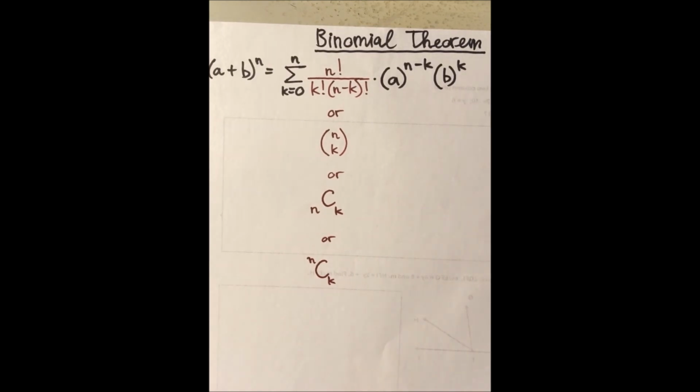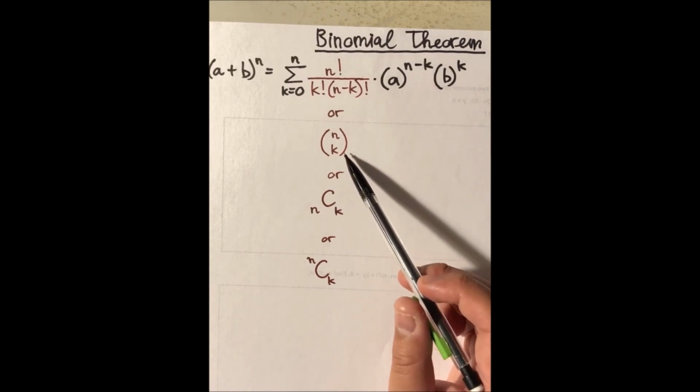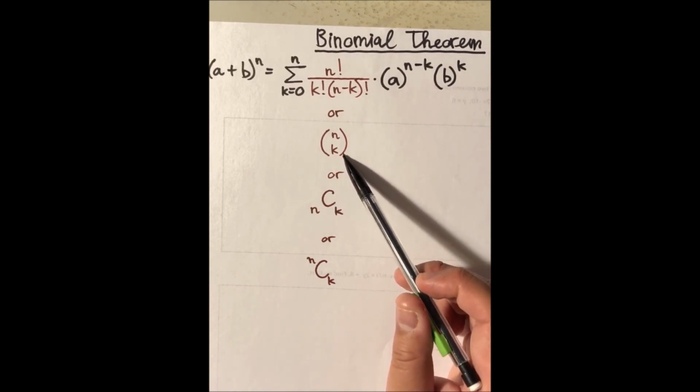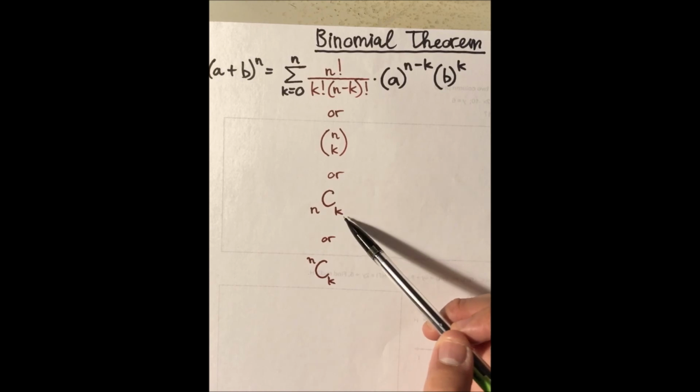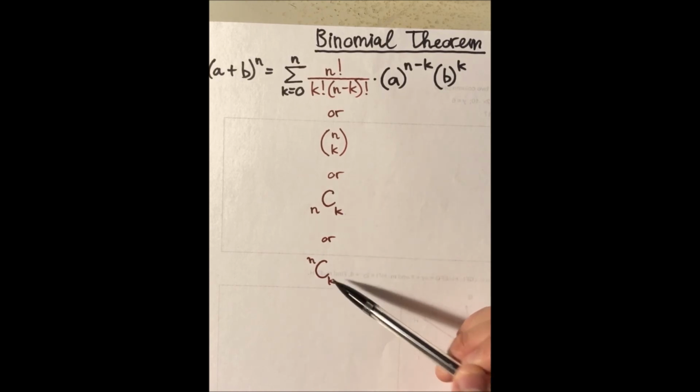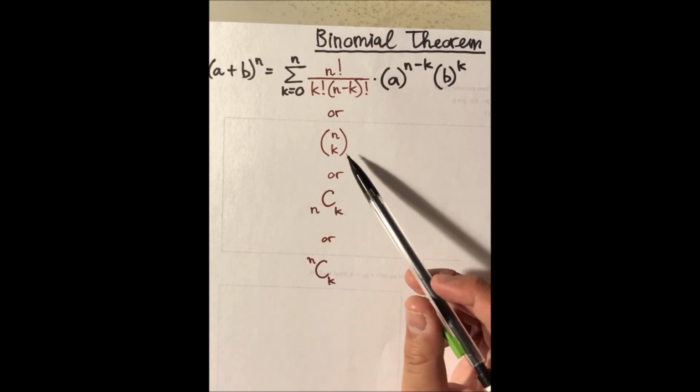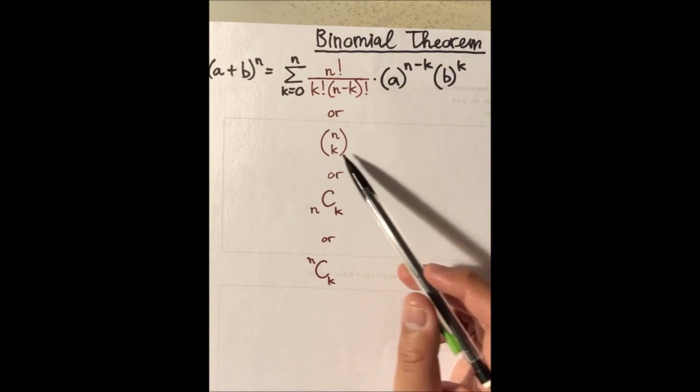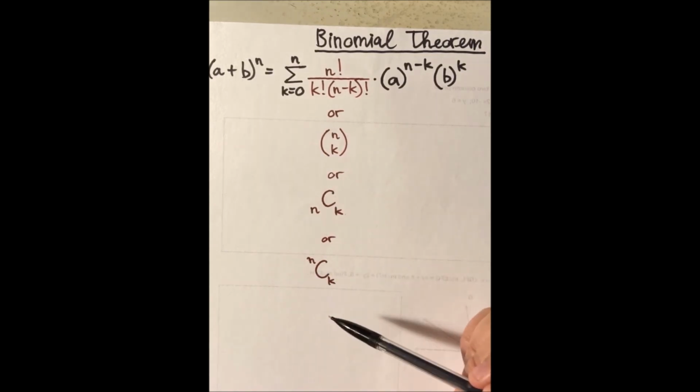Now for the combination in the red, you probably have seen different varieties, different forms of it. So in some textbooks you see this equivalent form, or this equivalent form, or this equivalent form. You're mostly seeing this form out of these two other ones.